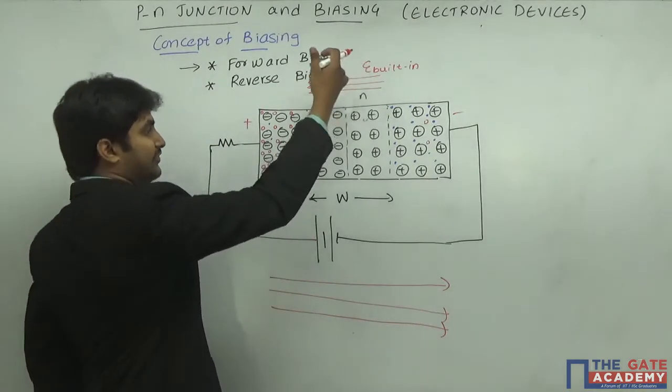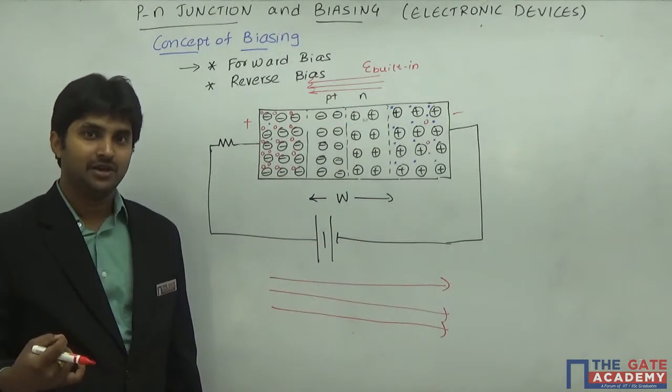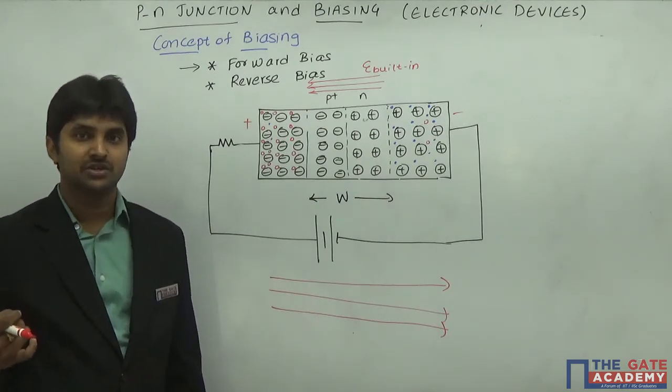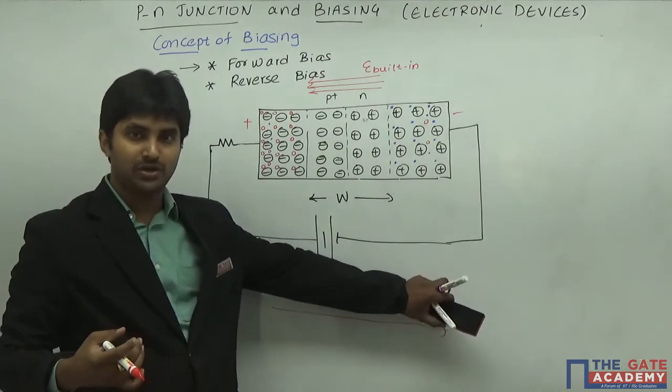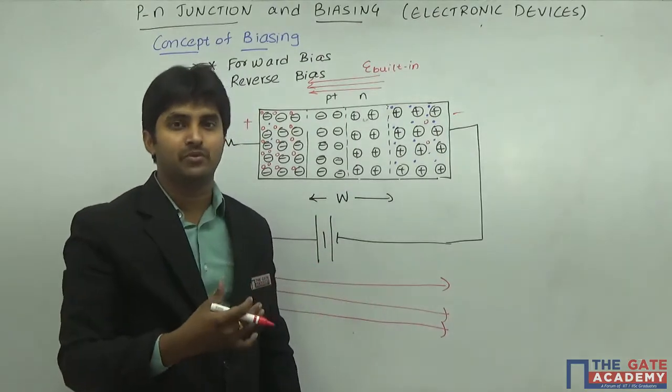So the built-in electric field and the applied field are in the opposite direction. When both are in opposite directions, what is going to happen? Initially you don't have this one, you only have this one, correct? So when you have an electric field, what was the major problem that was created?